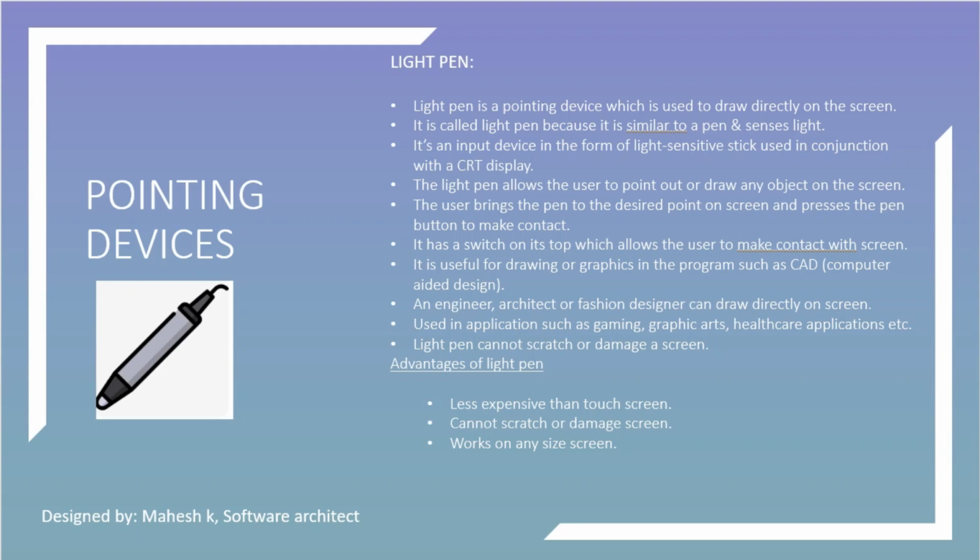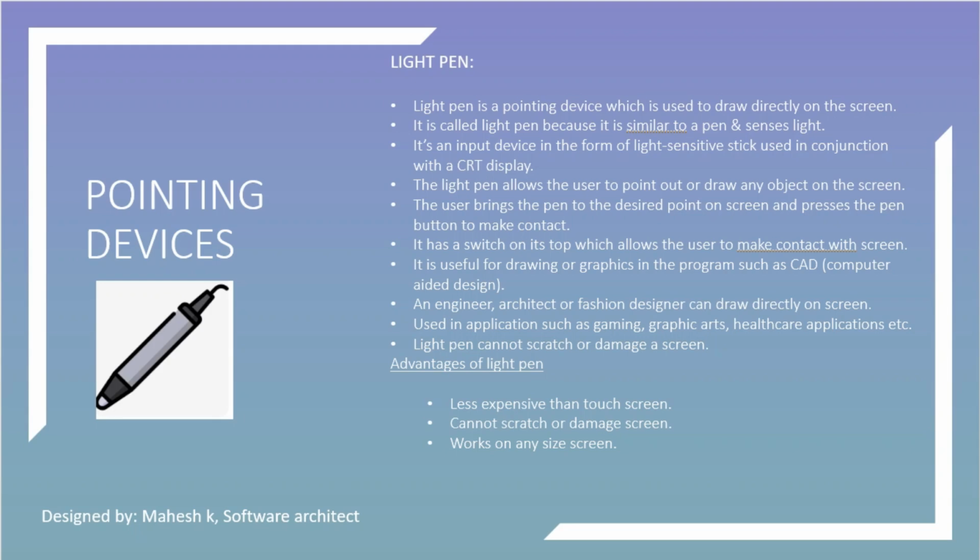It is an input device in the form of a light sensitive stick used in conjunction with a CRT display. The light pen allows the user to point out or draw any objects on the screen. The user brings the pen to the desired points on the screen and presses the pen button to make contact.